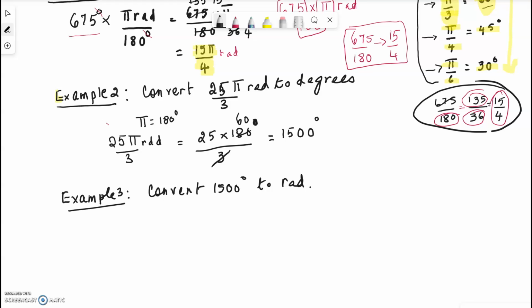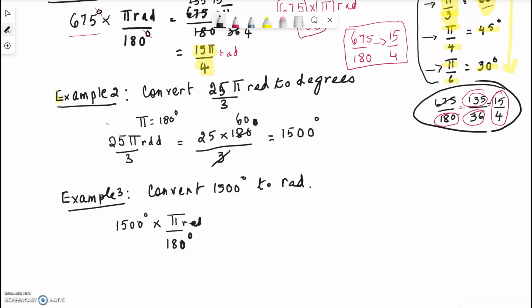Now let's convert 1500 degrees to radians. So I'm going to write down 1500 degrees and multiply with pi divided by 180 degrees, because pi radians is equal to 180 degrees.